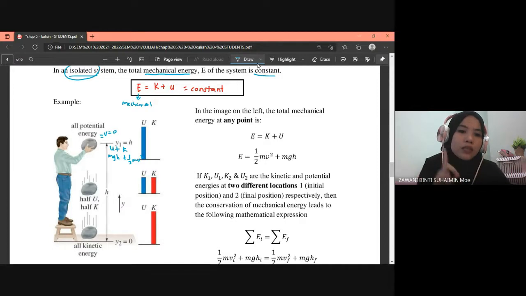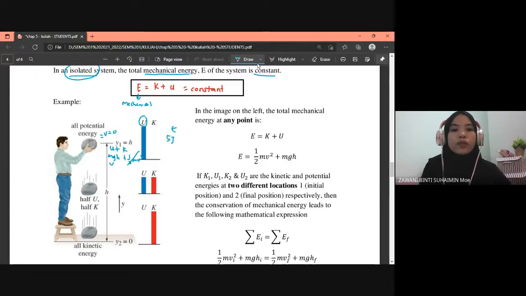Bila velocity kosong, apa tenaga yang tinggal hanyalah gravitational potential energy saja, sebab dia ada H daripada bottom. So dia still ada mgh. That's why kalau you tengok bar graph ni, kinetic energy awak kosong, potential energy awak adalah maximum. Contoh kat sini total energy dia, that mgh tu, adalah 5 joule.